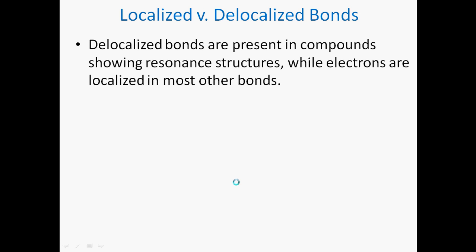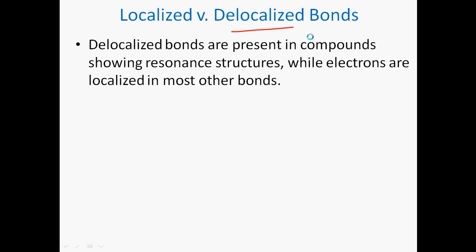In case of resonance, the electron density is spread over a larger area. It is not confined to the space between two atoms. Such bonds are called delocalized because they are not localized or confined to the space between two atoms. When the electron density is present over a larger area, it's called delocalized.